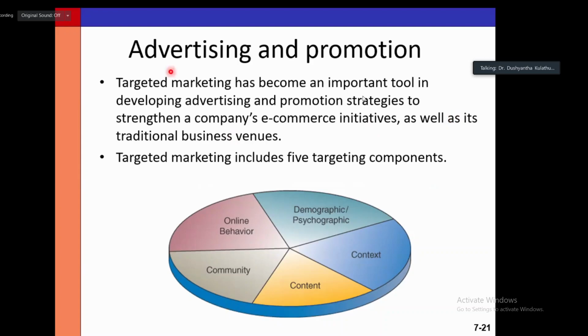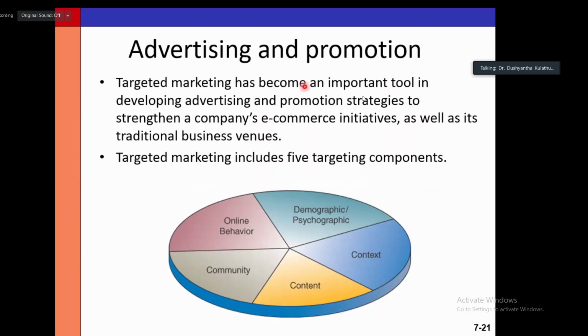Now, organizations use this targeted marketing technique to attract customers, and targeted marketing basically focuses on a specific group of customers who are relevant to the organization's products or services.